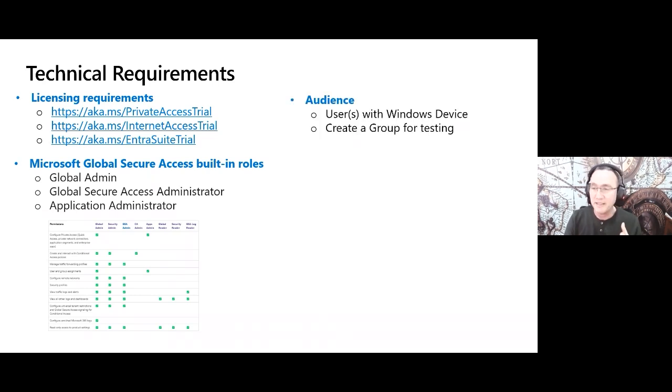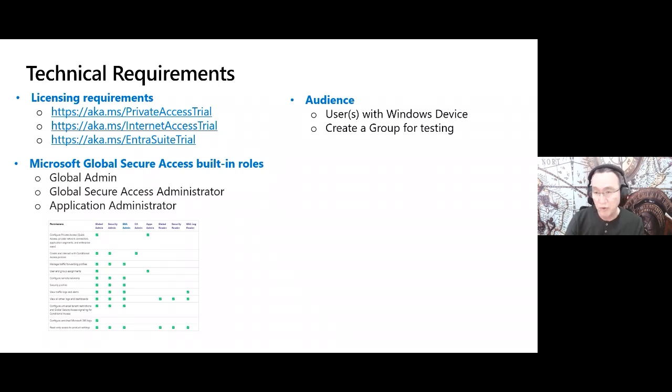This is sometimes silly that I mention, but believe me, it's true. Why I mention that the audience is important, because normally we need to have the devices that we are going to test. The easy way to test global secure access is when you have Windows devices. Why?